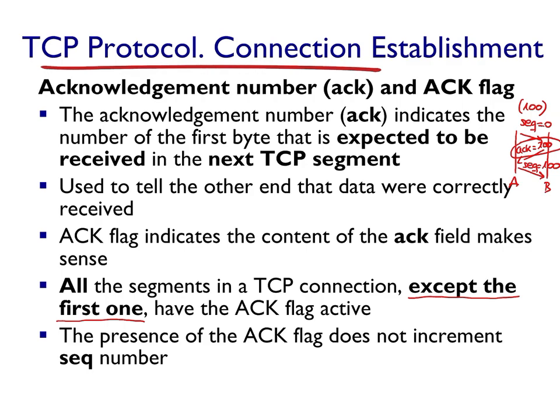And the simple presence of the ACK flag doesn't increment the sequence number. The ACK is not the same as the SYN or FIN flag, when we had to add one virtual byte. In this case, the ACK flag doesn't add any virtual byte.